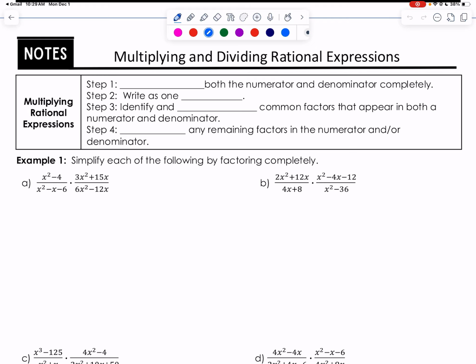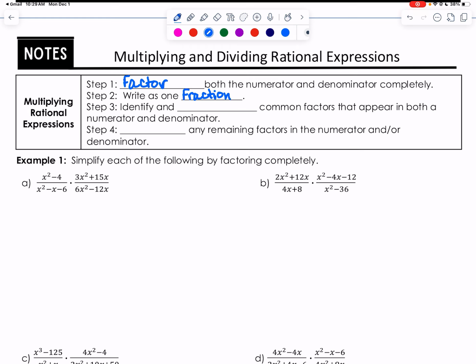Now, to do this, let's look at the steps first. For step one, you want to factor both the numerator and denominator completely, including taking out any common factors. Step two, you're going to write it all as one fraction.